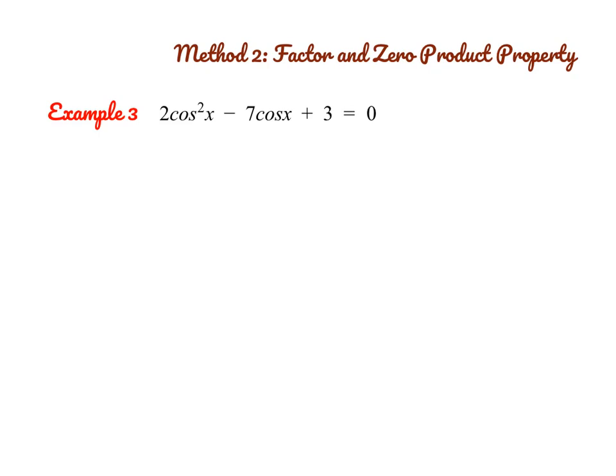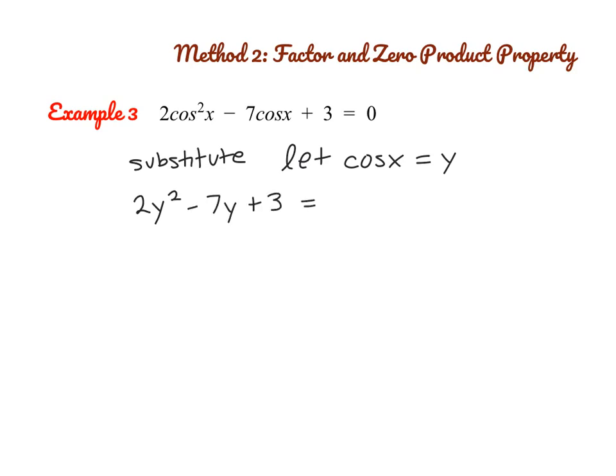So here, if it helps, what you can do is substitute. You can say, let cosine of x equal y. Pick a new variable, and then you could rewrite it like this: 2y squared minus 7y plus 3 equals 0. And then this you should be able to factor.